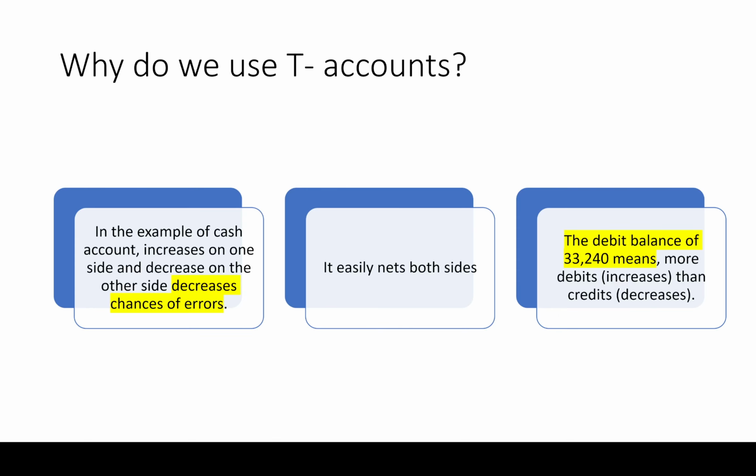So the question is, why do we study this? Why is it important? T accounts are used to increase and decrease balances depending on the transaction. The key thing is that it reduces the chance of errors.